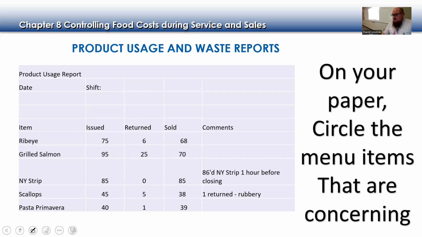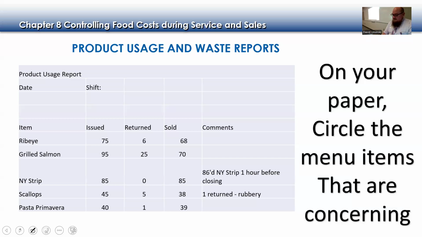And what is 74 minus 75? -1. Yep, it's -1. What does that -1 represent? We're short, which means we're missing a ribeye somewhere.